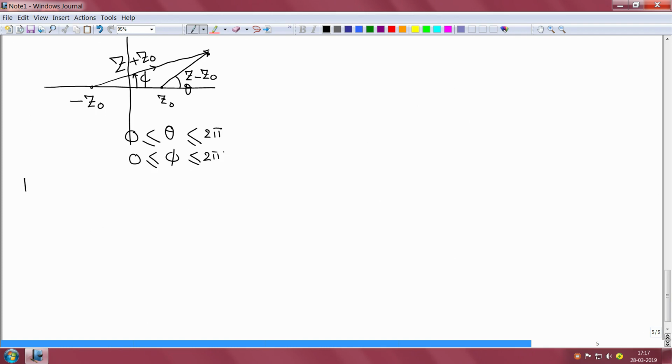So, now square root of z minus z0 into z plus z0 gives me r1 to the power half, r2 to the power half, e to the power i (theta plus phi) by 2.